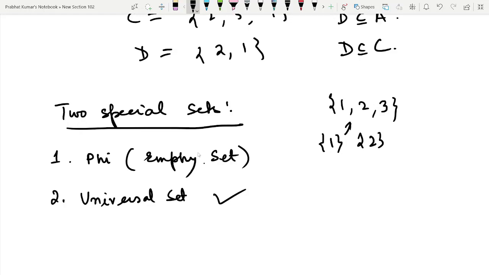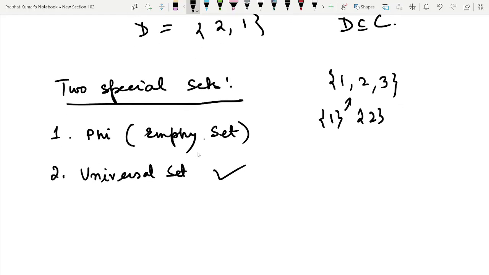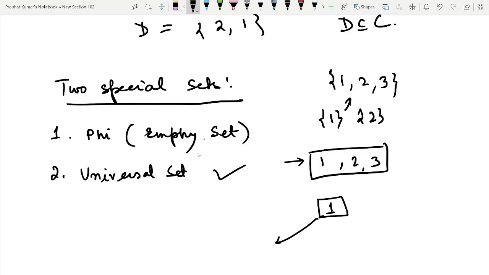Let's think of it like this: there is a box containing 1, 2, and 3. Someone has taken another empty box, put a 1 in it, and given it to you. So basically you are receiving a subset of this.